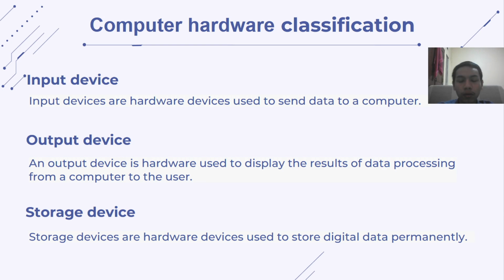While soft copy is an output that does not have a physical form and can only be seen on a screen. Types of output devices include a monitor, printers, projectors, speakers, and others.